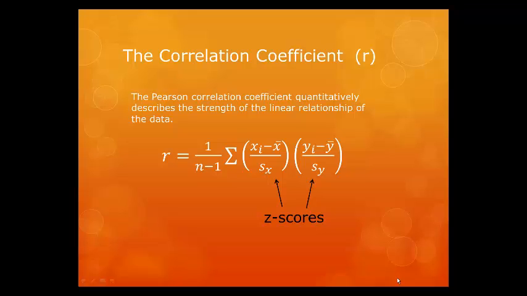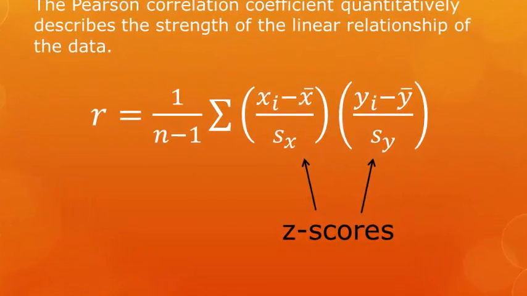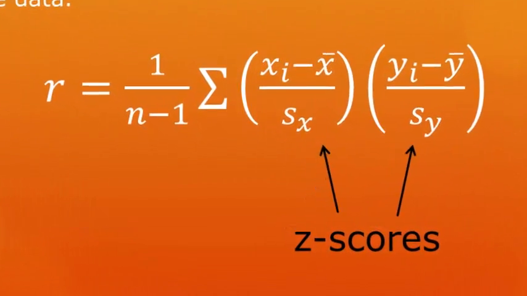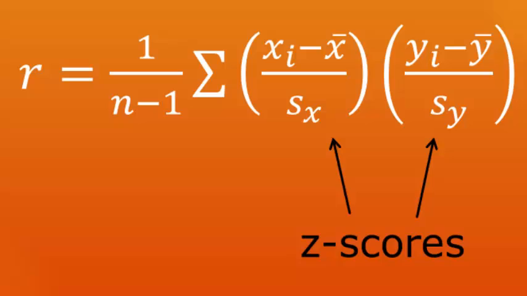Beyond a qualitative discussion of linearity, a more quantitative or mathematical formula can be used. The correlation coefficient, or R, of the plotted points describes numerically the strength of the linear relationship. Closer inspection of the formula shows it is simply the sum of the products of the z-scores of the coordinates of each point.